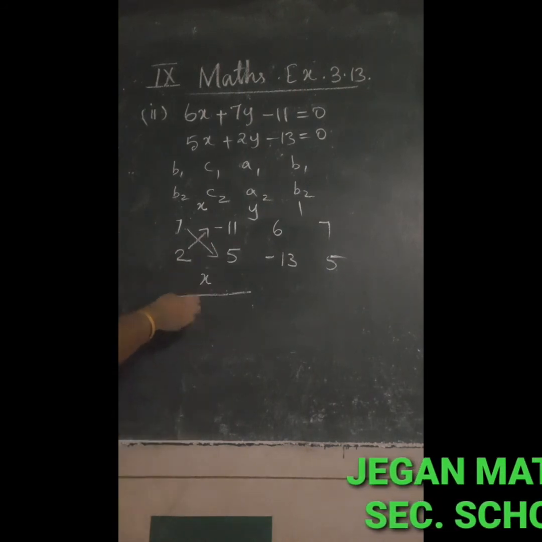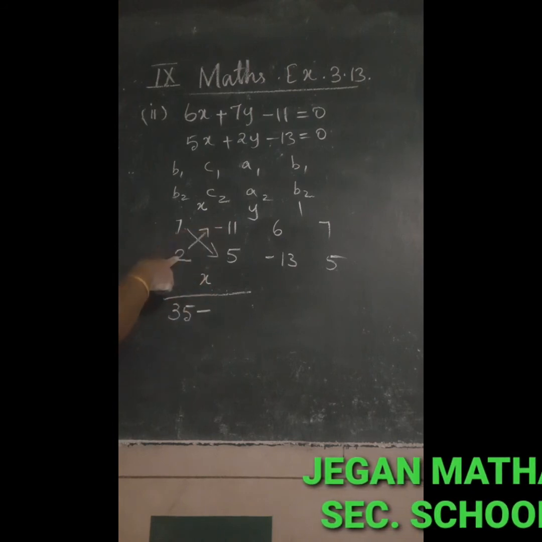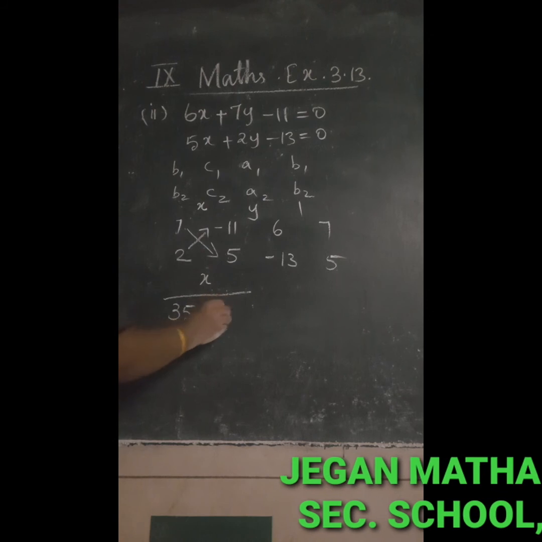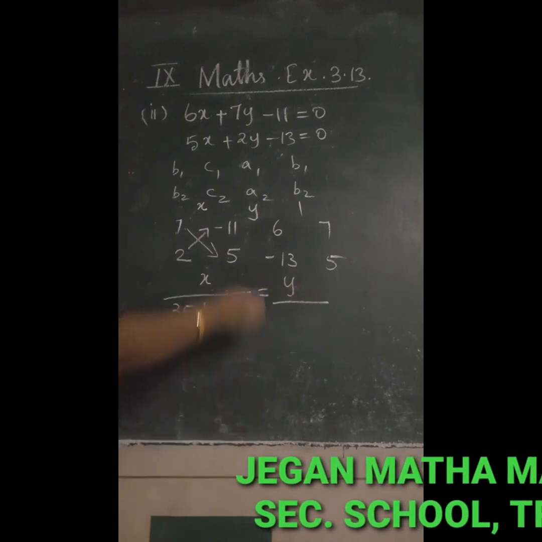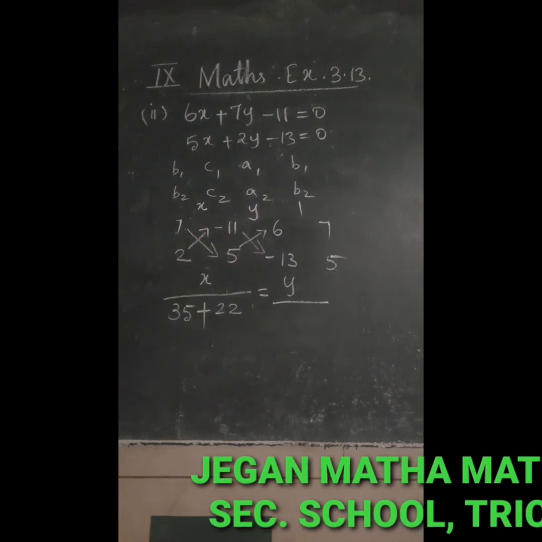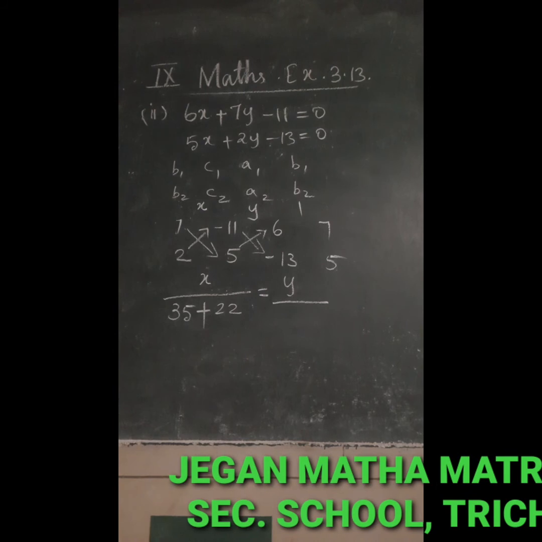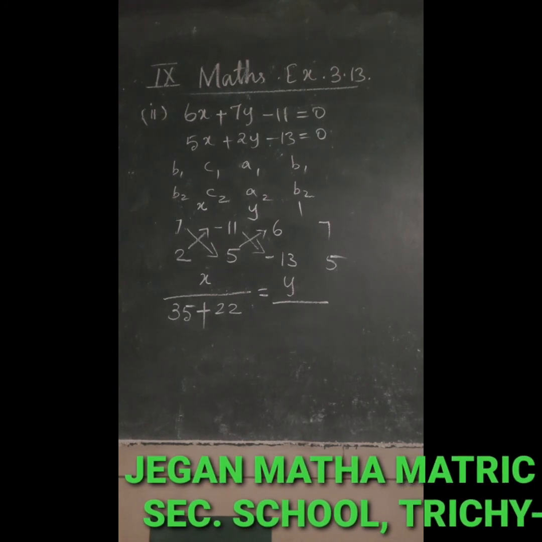Next one, minus 11 into 2, so with the minus symbol, plus 22, is equal to y divided by, again cross multiply these two, minus of minus is plus, 11 into 13.